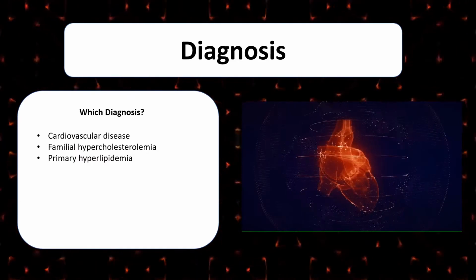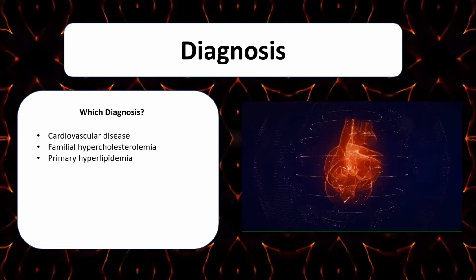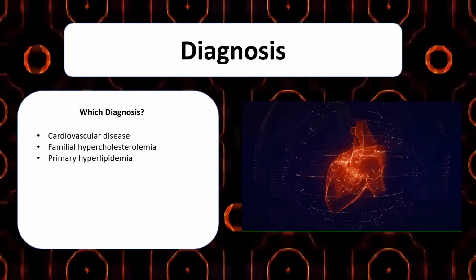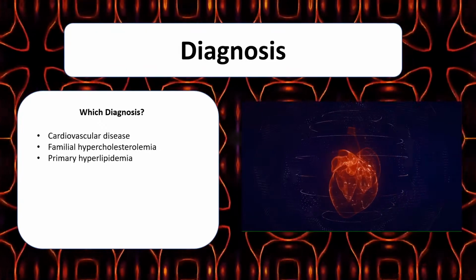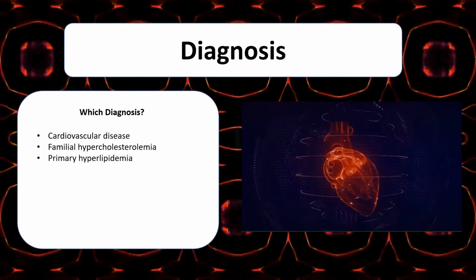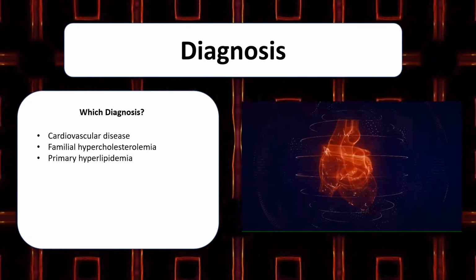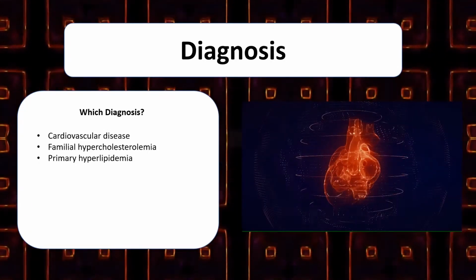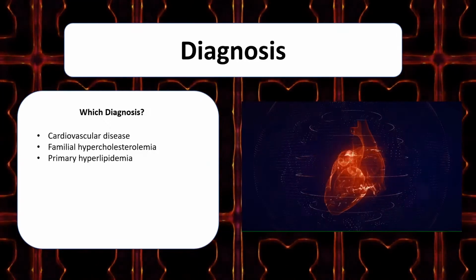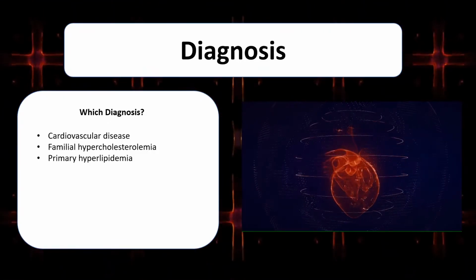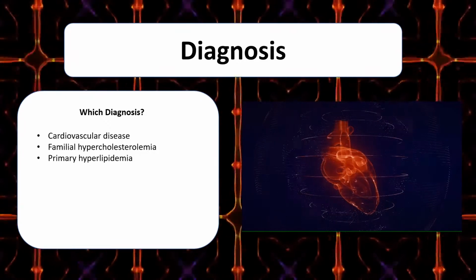The first major hurdle is the diagnosis. There are three indications for this drug: pre-existing cardiovascular disease, familial hypercholesterolemia, and primary hyperlipidemia. You're going to want to pick which one of these diagnoses you want to go for and then build your documentation around that.